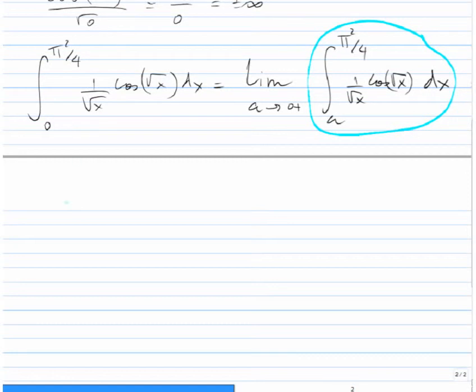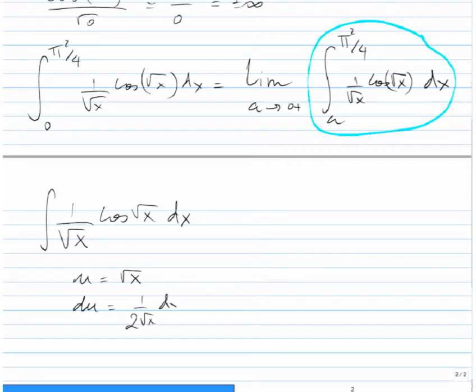In particular, we have the integral of 1 over square root of x cosine square root of x dx, and here we will use the substitution u equals square root of x, which gives us du equal 1 over 2 square root of x dx.